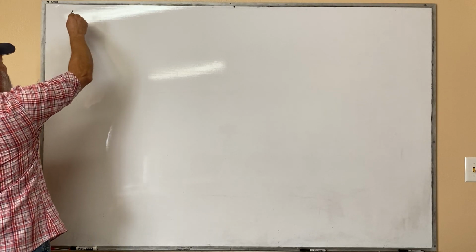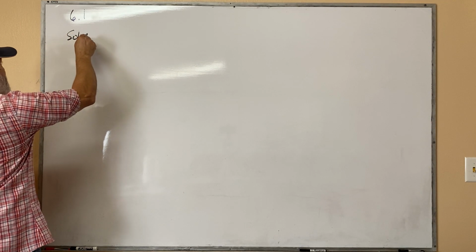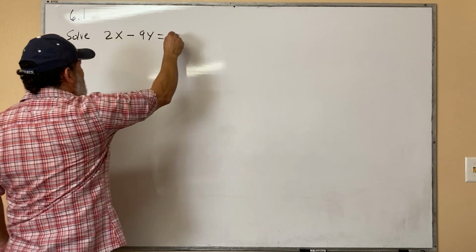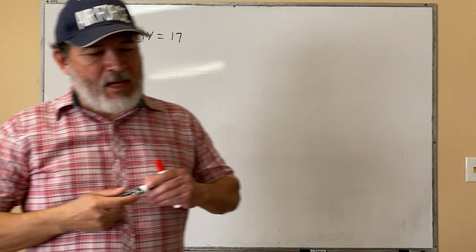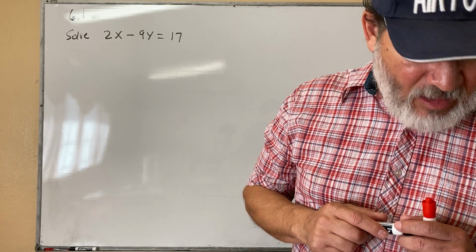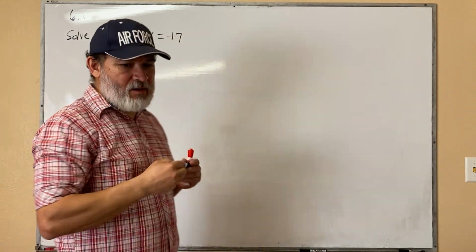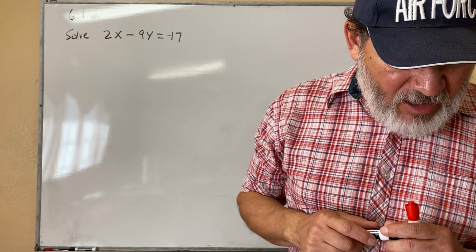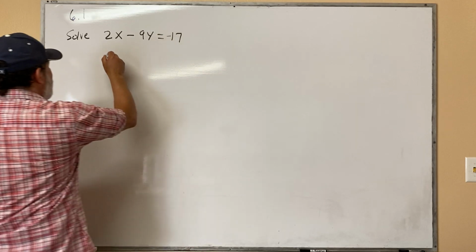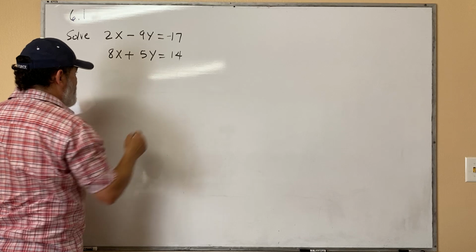And the other one is going to be 8x plus 5y equals 14.